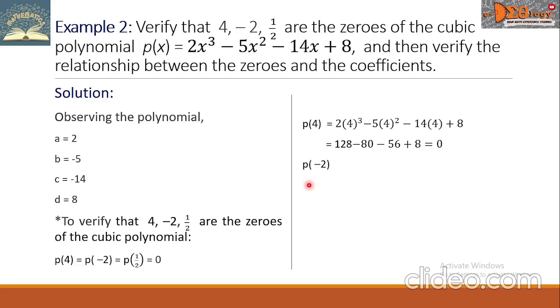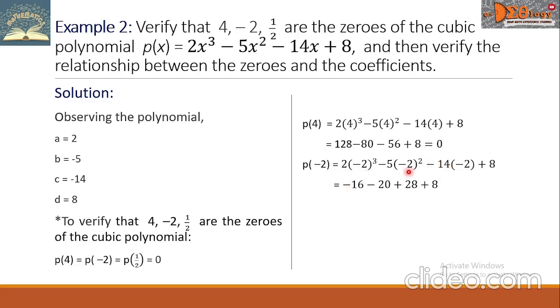What about P of negative 2? Evaluating now, we have 2 times cube of negative 2 minus 5 times the square of negative 2 minus 14 times negative 2, then plus 8. The cube of negative 2 is negative 8 times 2 will be negative 16.